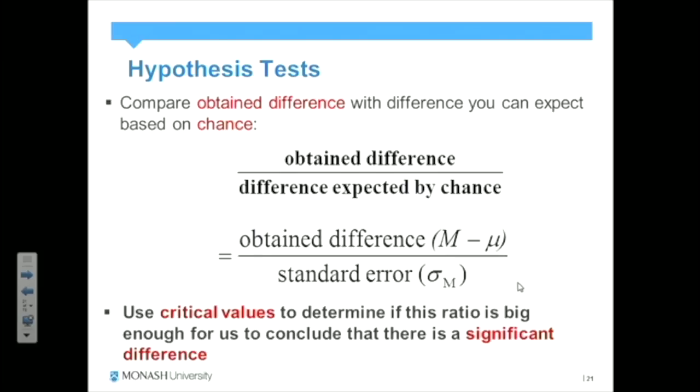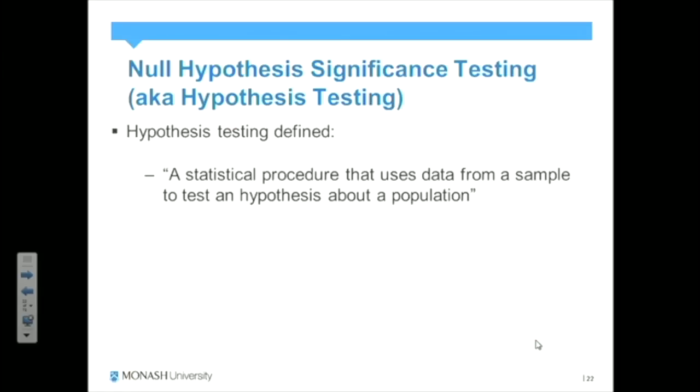But we can't just look at that value and make a judgment. What we do is decide what a critical value would be. How big does that ratio actually have to be before I reject my null hypothesis or accept my hypothesis, and we'll talk about what that means. That's when we have this idea of a significant difference, if it's bigger than our threshold. And we'll talk about how we actually derive that threshold.